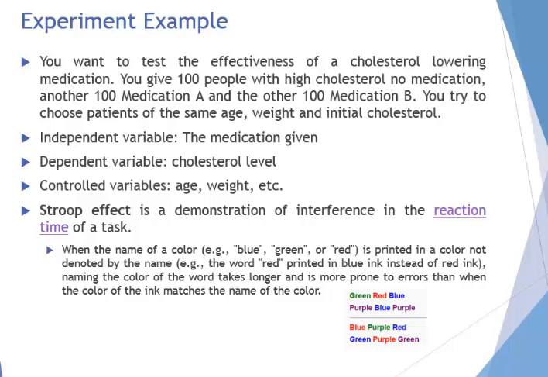People that are heavier might have a more difficult time than people who are lighter. So you want to try to keep everything else pretty much the same. Have the control group be the same as the experimental group in terms of their age, their weight, their mood, whatever other variables you can think of to control, and have the only distinction between the two groups being whether you give the independent variable, whether you give the medication in our case.